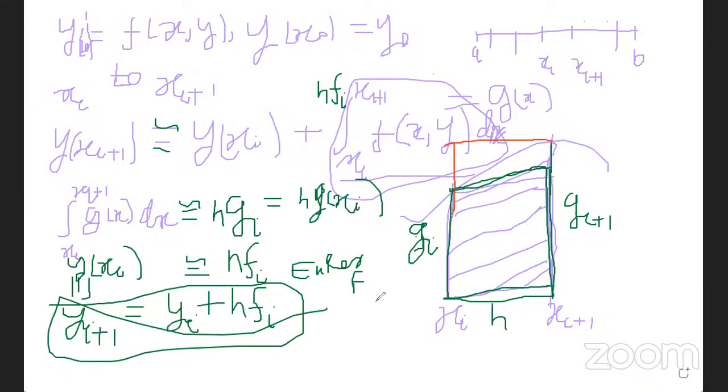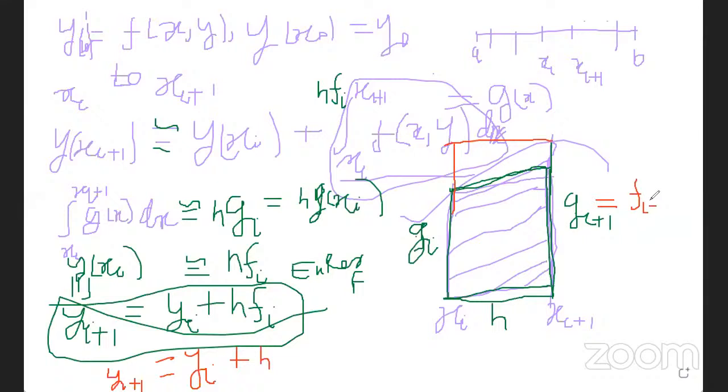Going in the same way, we will get yi plus 1 equal to yi plus h times, and since we are taking the approximation from the upper side, the rectangle height is gi plus 1, which is nothing but fi plus 1.